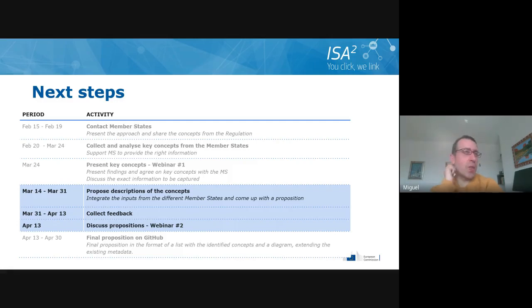It would be good to get maybe a more detailed reaction from some of you, in case you are really interested in following the same approach as the Netherlands. So we rely on you. Everything is still open. We are trying to follow a pragmatic approach, but please let us know if you are interested in getting some support to structure the information back at home.